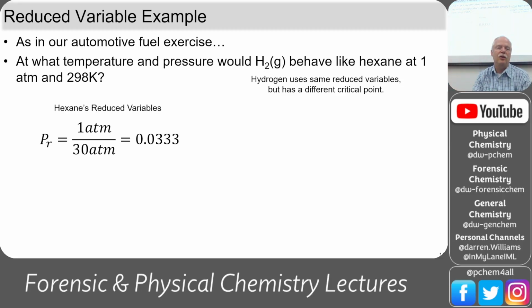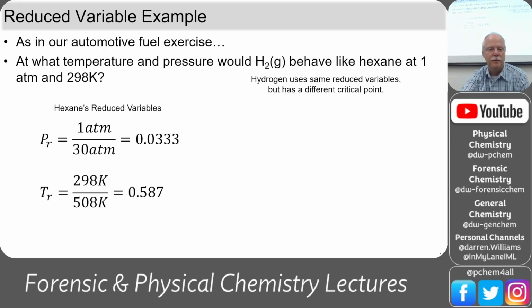We divide by the critical pressure for hexane. So we go to that table, find hexane, grab its critical pressure, and so its unitless pressure would be 0.03. The unitless temperature would be room temperature divided by its critical temperature, 508. And so its unitless temperature would be 0.587.